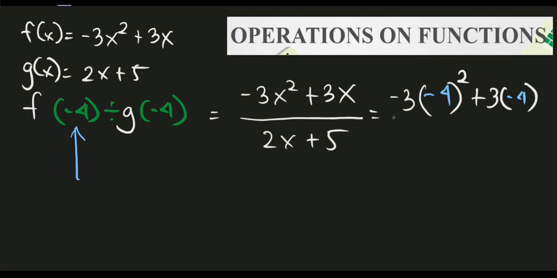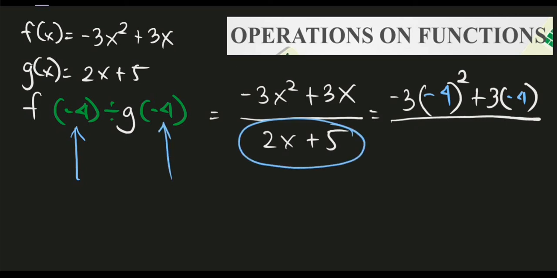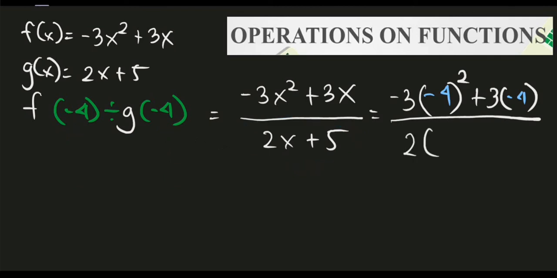That is for our numerator. All over, we have this value for g, our denominator. We are asked to assign negative 4 as the value of x. That means it will give us 2 times negative 4 plus 5.